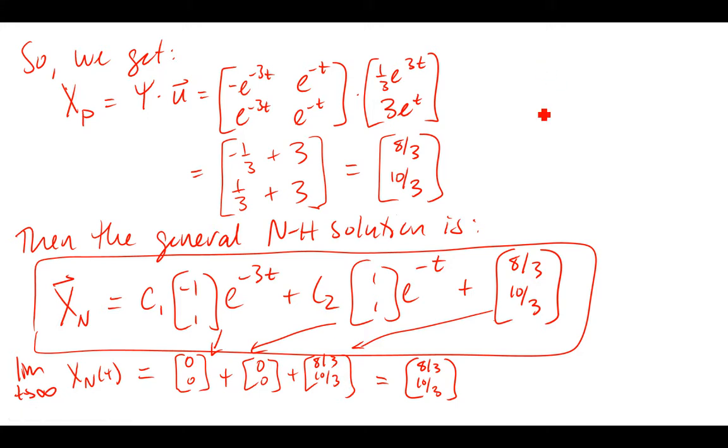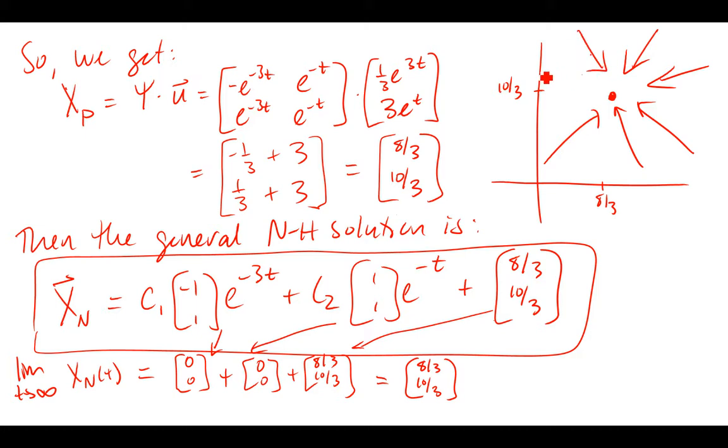So a rough sketch, and if you do want to draw this, go ahead, is to say, well, in the long run, I don't know where 8/3, 10/3 is, but I'll just pretend that it's there for a second. In the long run, while I'm being drawn in, that's what these guys are saying, these guys are vanishing. I'm being drawn in, but now instead of being drawn into the origin, I'm actually getting drawn into this point.